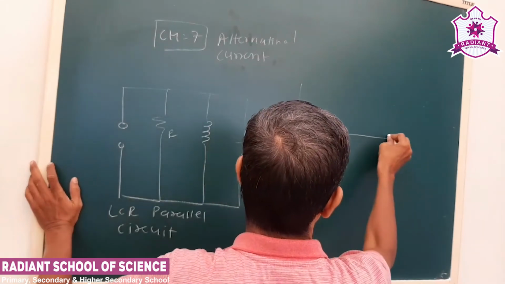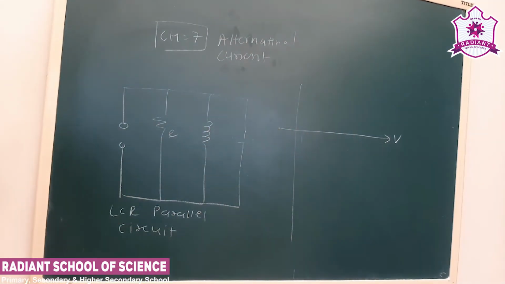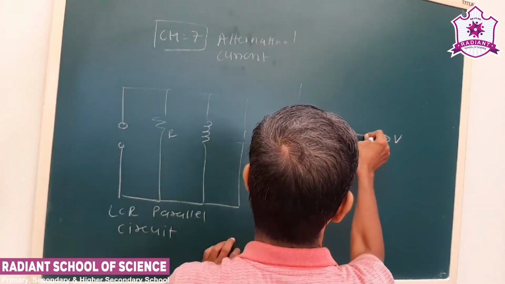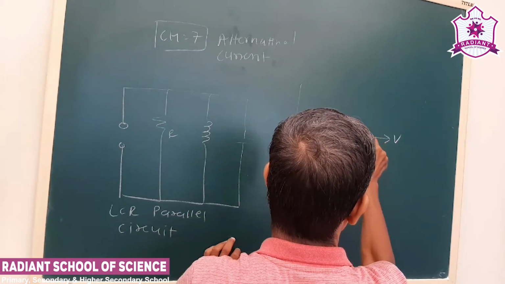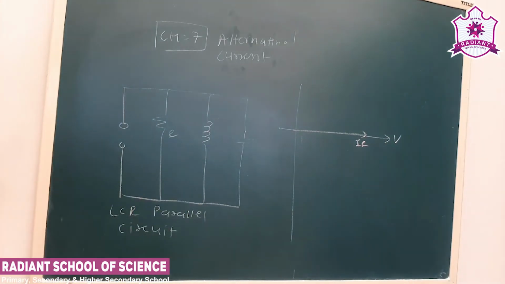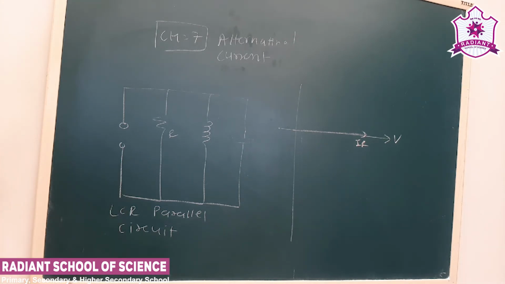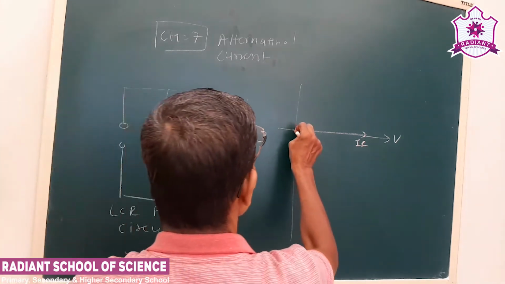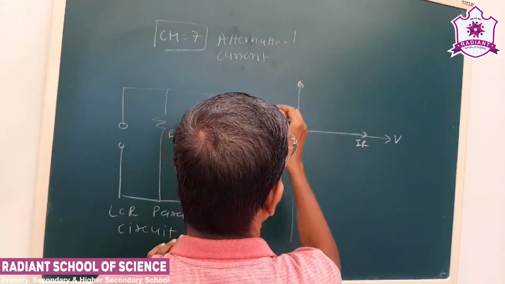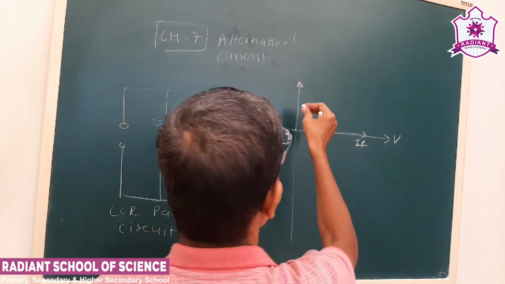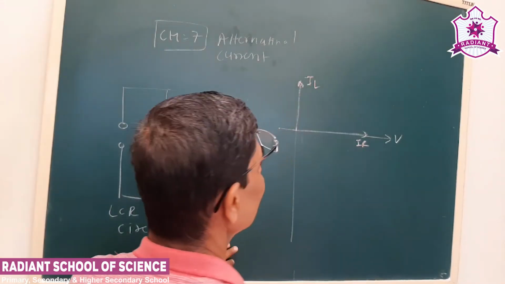And now see the voltage. The voltage across the resistor and the current are in phase, so this is IR. Now see the inductor: current is behind the voltage by pi by 2, so this will be IL.